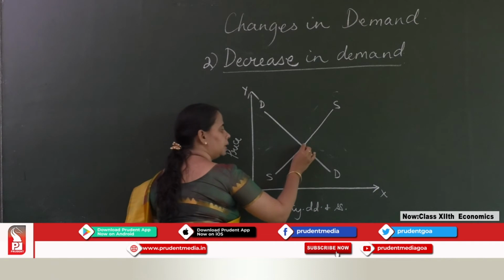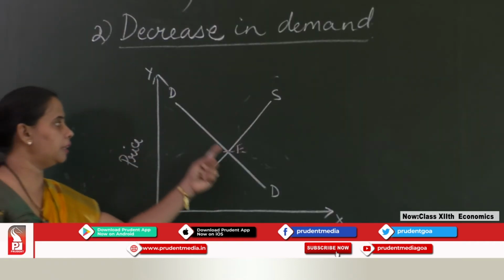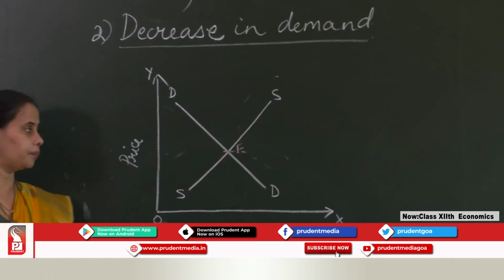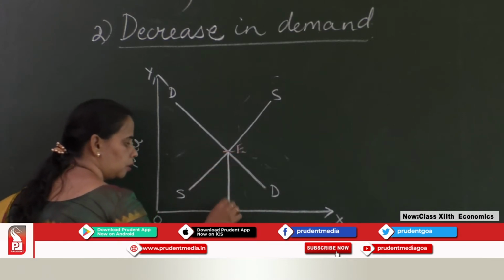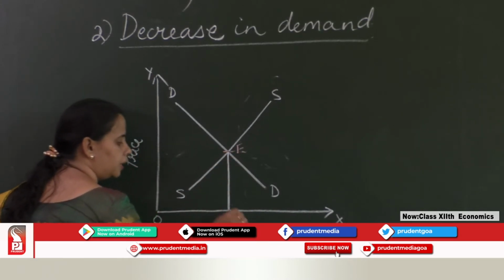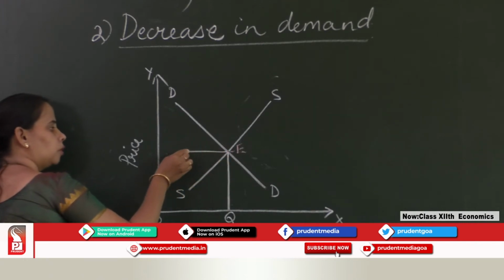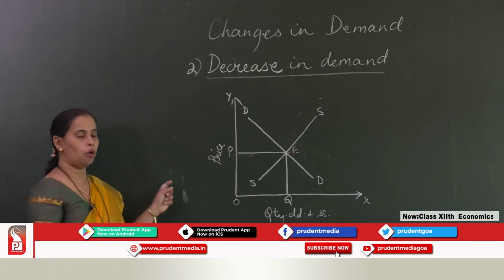We have the equilibrium, again it is at the point where the demand curve intersects the supply curve, that is at point E. Corresponding to this, we have the equilibrium quantity OQ and the equilibrium price OP.